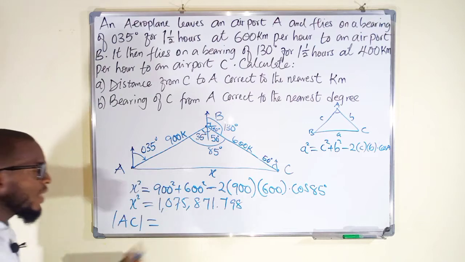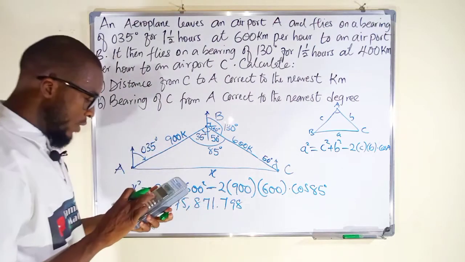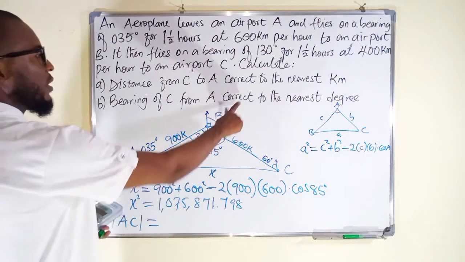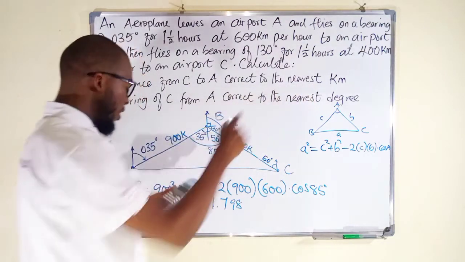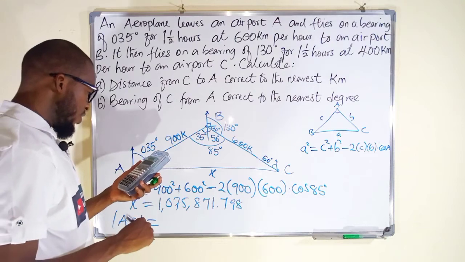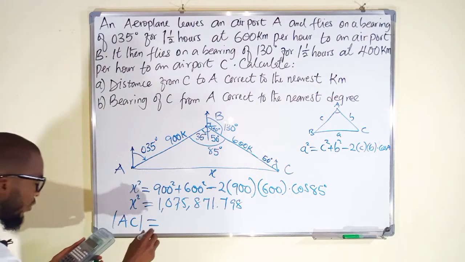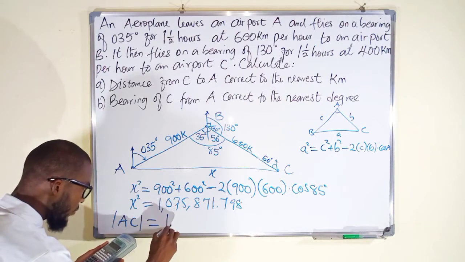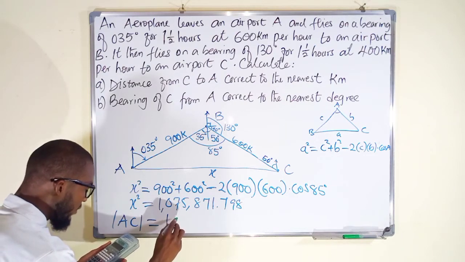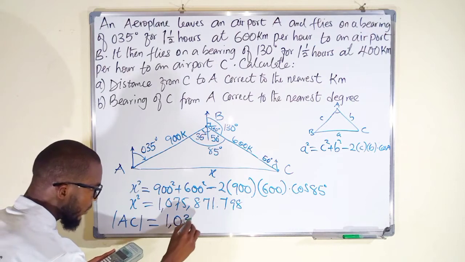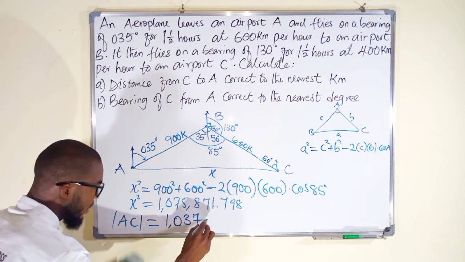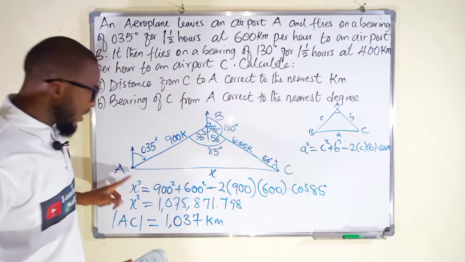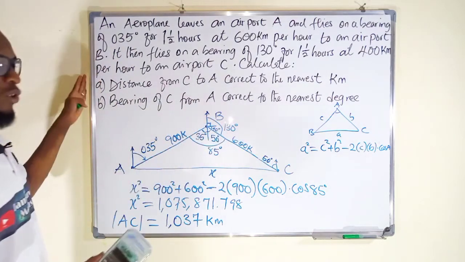The answer is going to be to the nearest kilometer, so we round this, which is approximately equal to 1,037 kilometers. So this is just the distance from A to C, which is our first question.